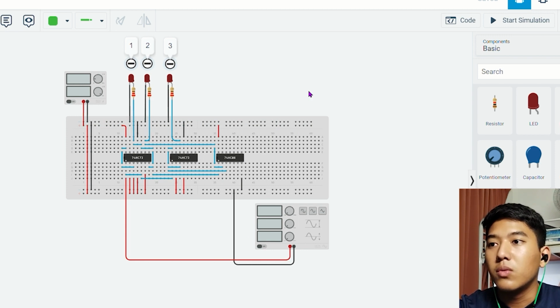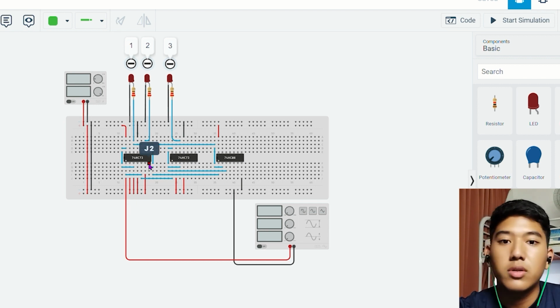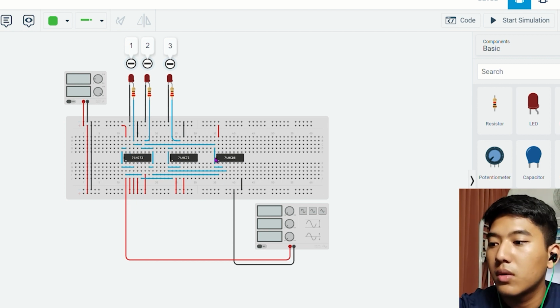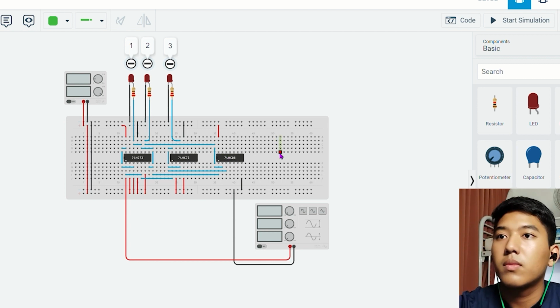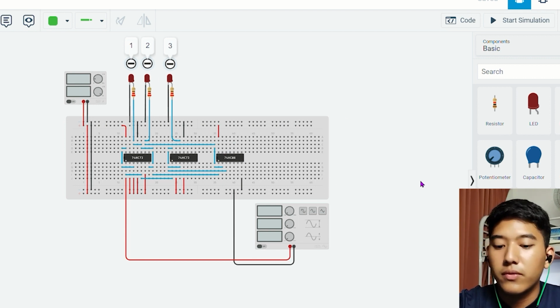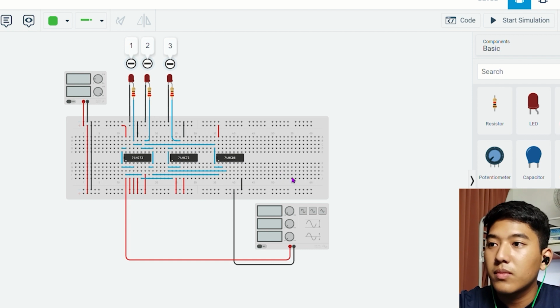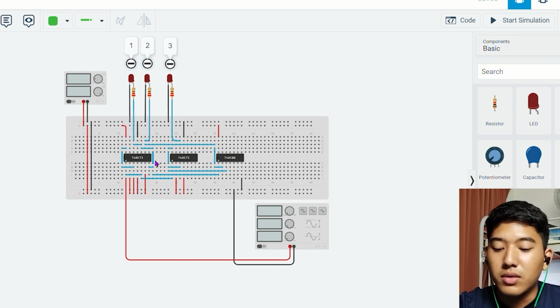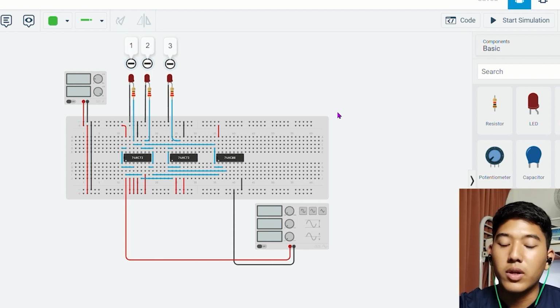So today I will present the simulation of the first question, which is question A. As we can see in this circuit, we have 3 ICs, right? The 3 ICs are split into 2 JK flip-flops and 1 AND gate IC.